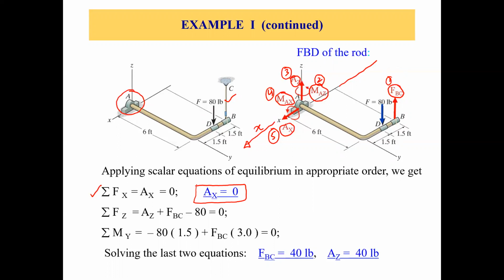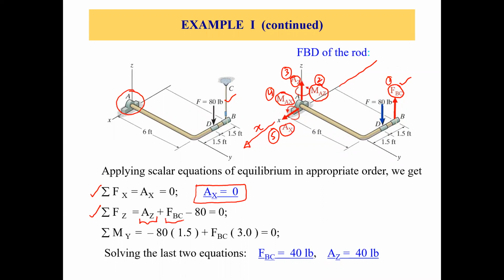Now let's apply the force equilibrium in z direction. Let's apply sigma Fz equals 0, right? So we have A sub z, this guy, which we assumed acts upwards. So A sub z is positive. Then we have FBC, again positive because it's in positive z direction.